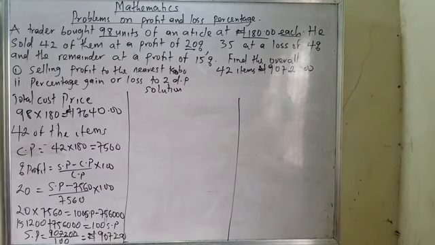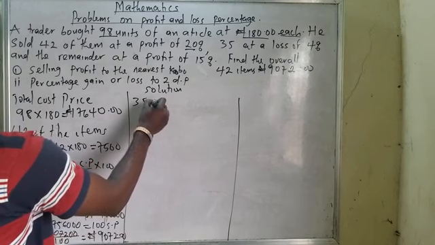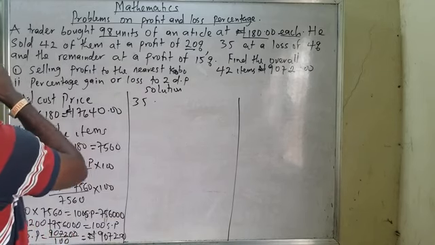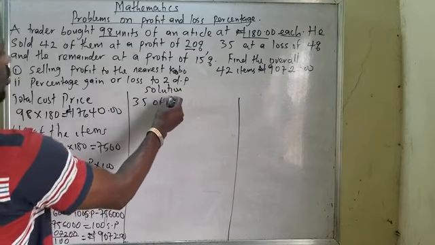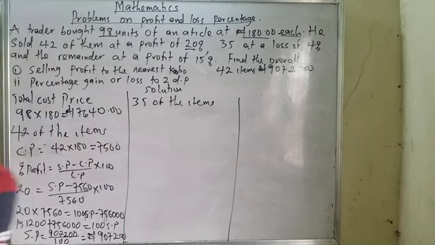Now I will move on to the second one, which is 35 of the items. Now, for 35 of the items, the question is talking about loss.